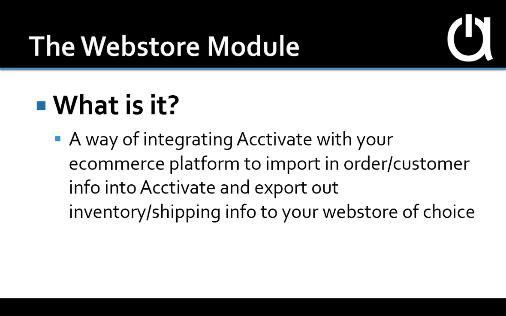Basically, it's a way of getting those orders in from your web store and then pushing out information like inventory levels and shipping tracking numbers to your web store so that you can keep track of that on both ends of the whole system. It's a nice way of eliminating some manual entry that might be going on if you're using e-commerce platforms but you don't have the web store module yet. This can be a good way of eliminating that manual entry.